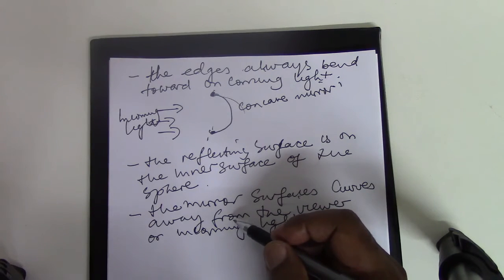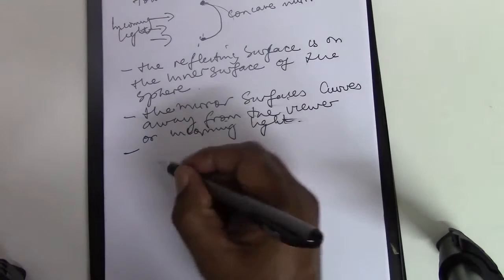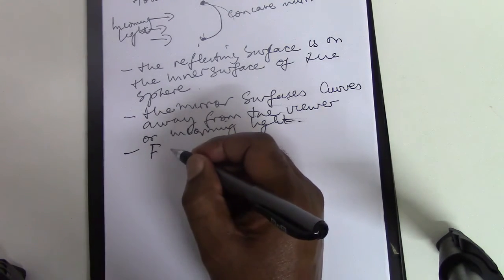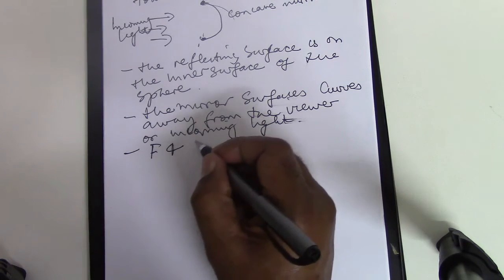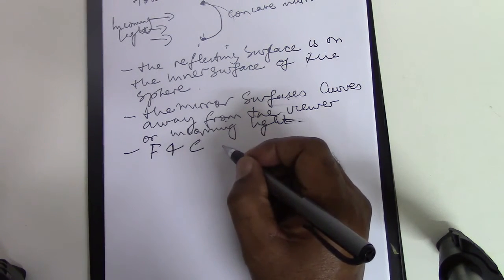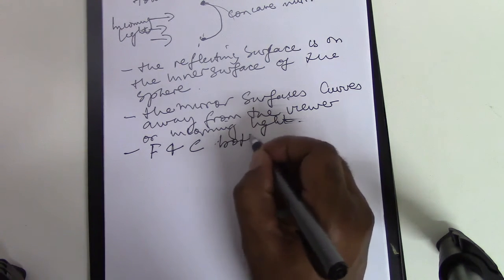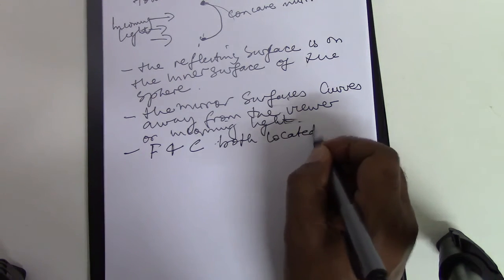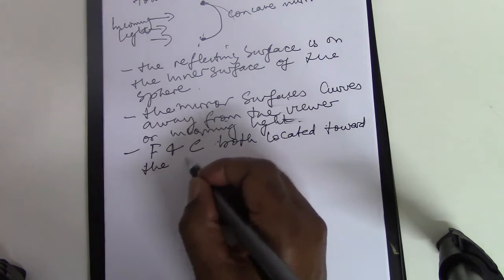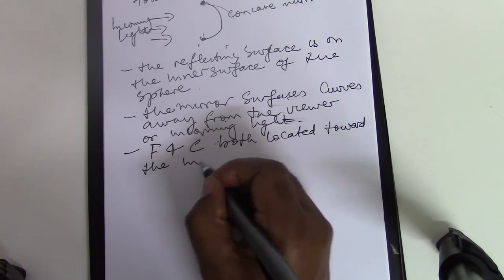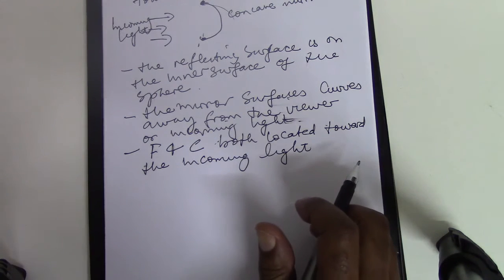Now, if we can look at it again, F, the focal point, and C, the center of curvature. They are both located toward the incoming light.